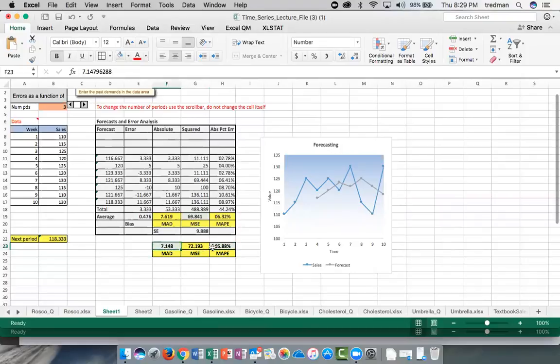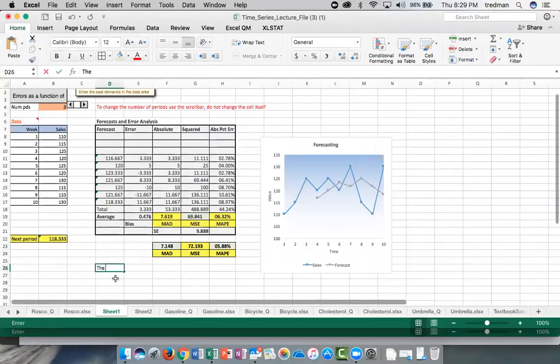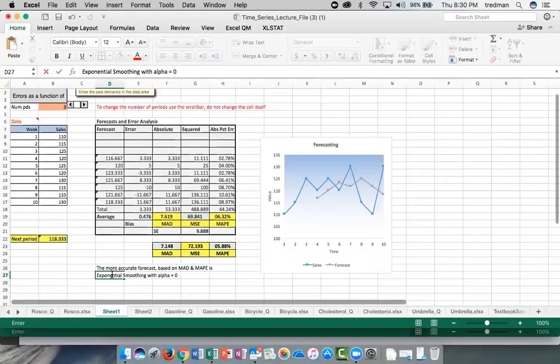So since exponential smoothing has 2 of the 3 forecast error measurements that are smaller, I'm going to say that the more accurate forecast based on MAD and MAPE is exponential smoothing with alpha equals 0.4.